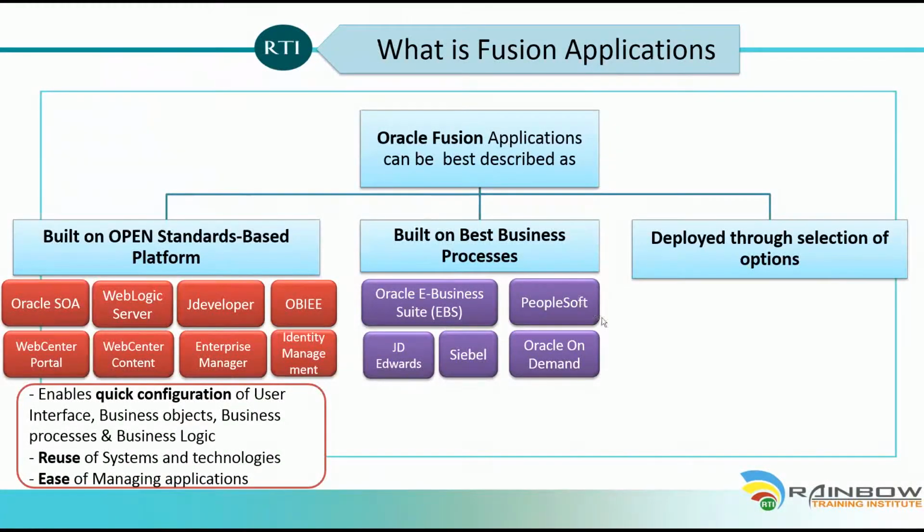Basically, it's not necessarily that people having a background in E-Business Suite can easily navigate around the Fusion applications. Not like that, because they took some features out of E-Business Suite, some out of PeopleSoft, some out of JD Edwards, some out of Siebel, some out of Oracle On Demand.